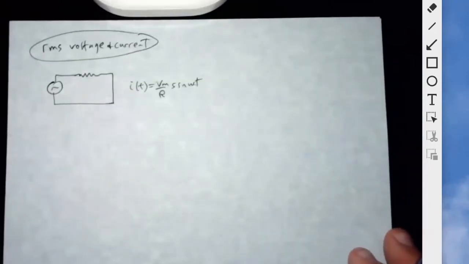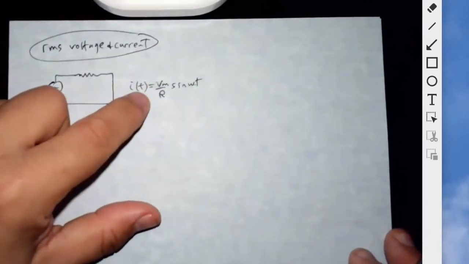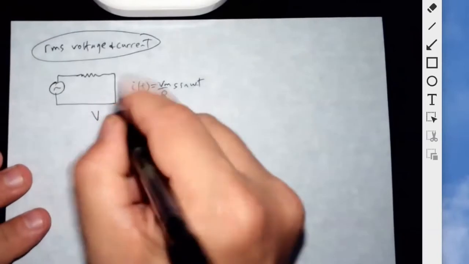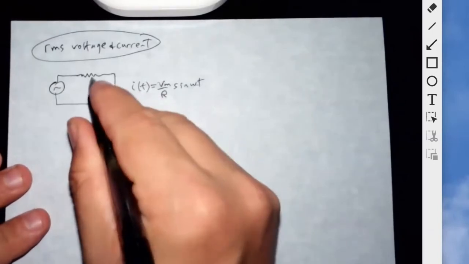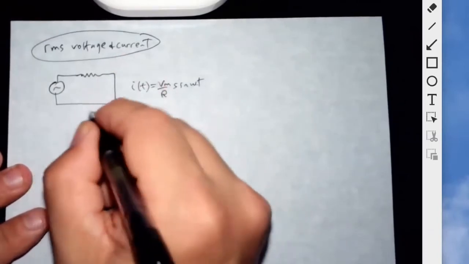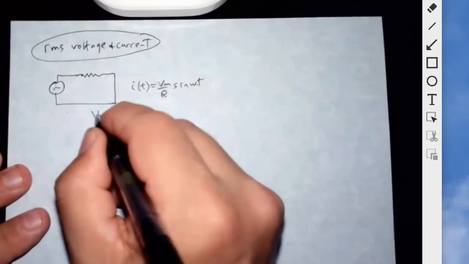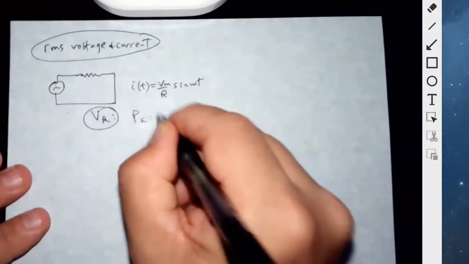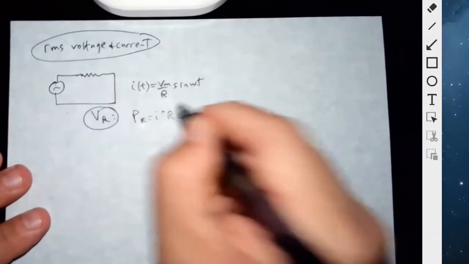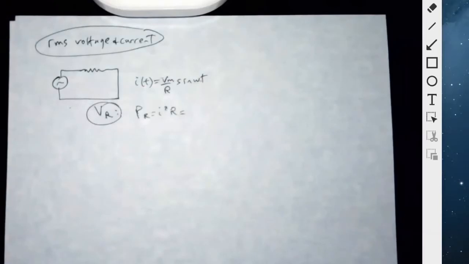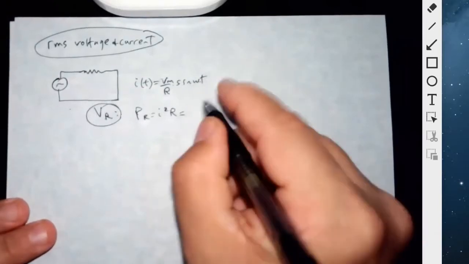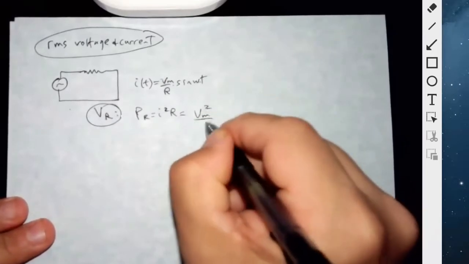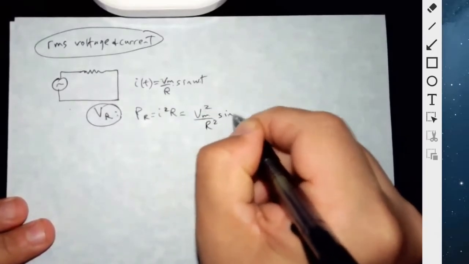What do we mean by that? To do that, let's analyze the power of the circuit. The power lost in the resistor is going to be what? Power of the resistor, I squared R, right? So then it's going to be this thing squared, sine squared omega t.